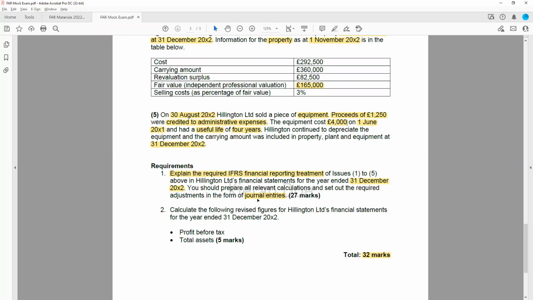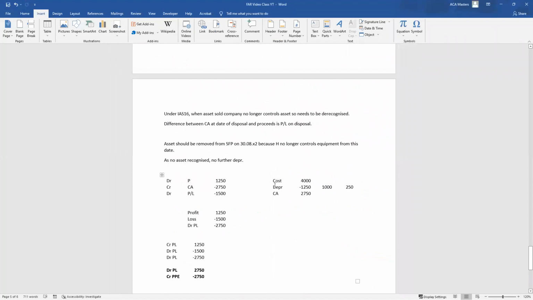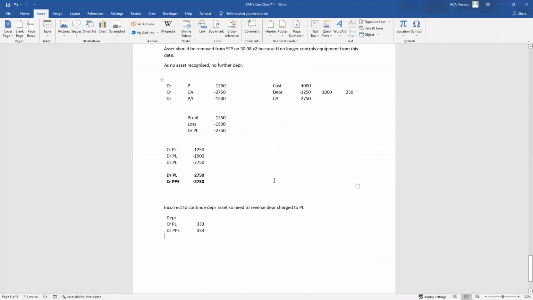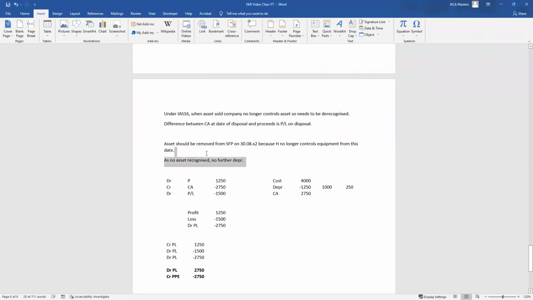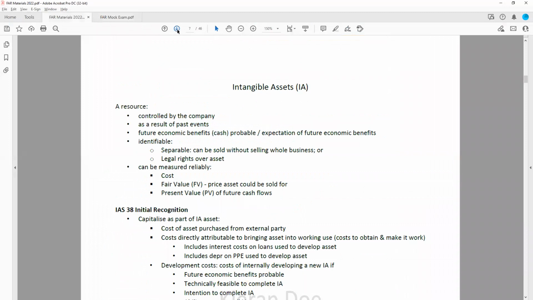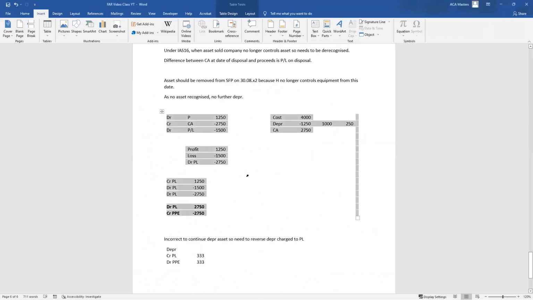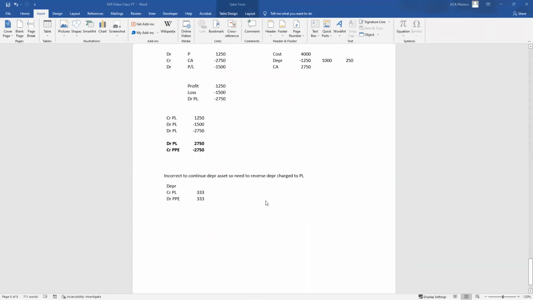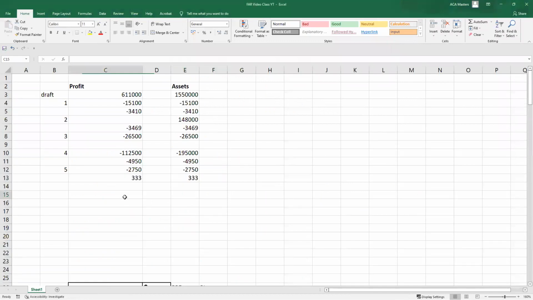But again, plenty of easy marks here on the way. You can see here, for each of these notes, we've used the same exam technique: relevant parts of the relevant standard, apply it to the scenario, calculate the numbers, including journals if we need to, explaining if they've done something incorrect, saying why it's incorrect, and then immediately after, for each issue, overlaying the numbers so that we can get to a revised profit figure.